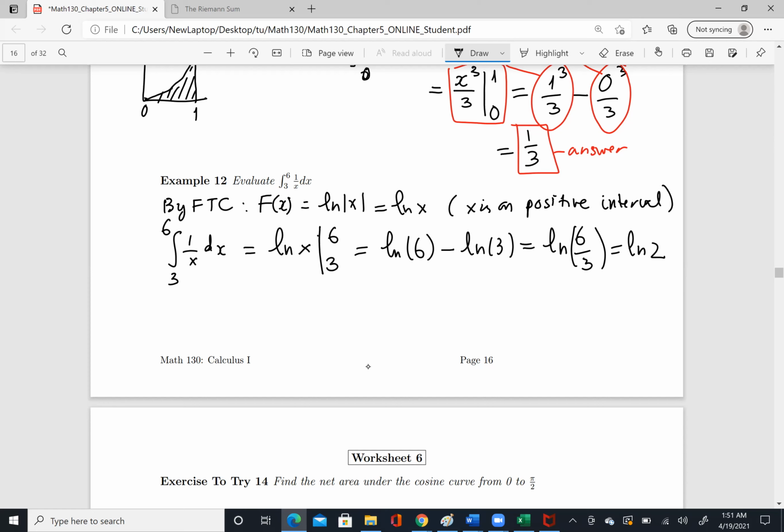And if you use a calculator, that's going to equal 0.693 as the answer.